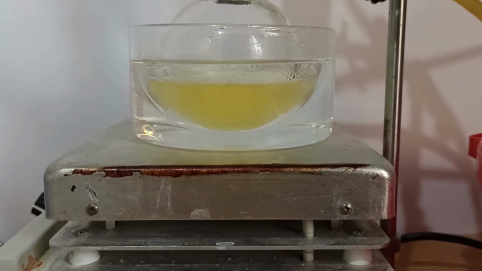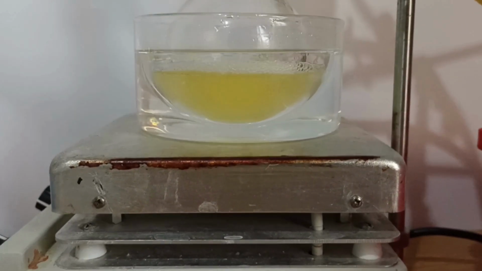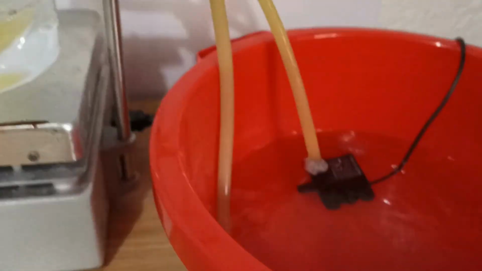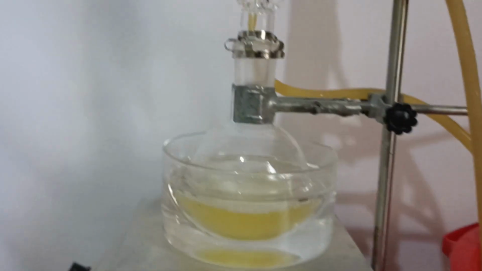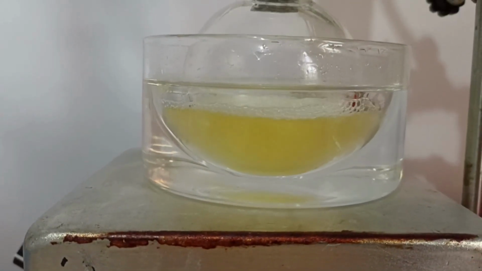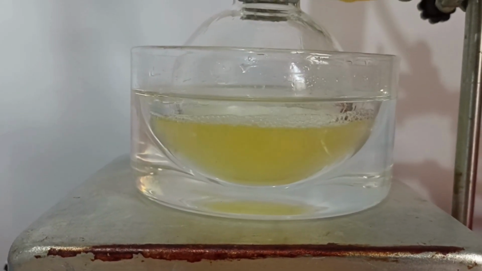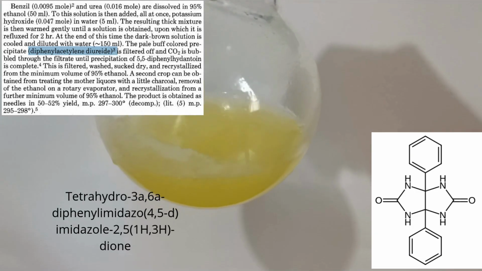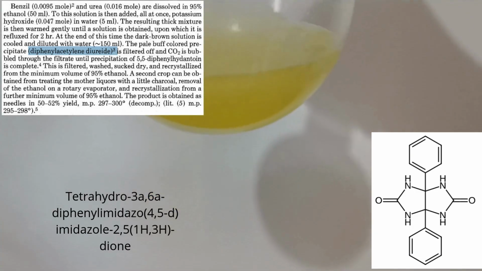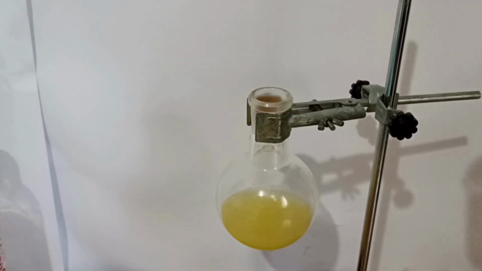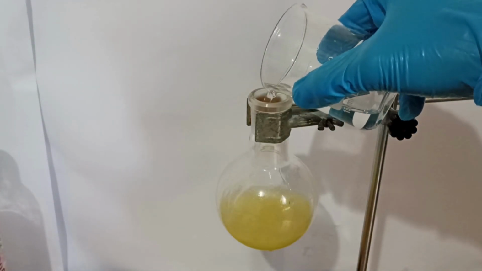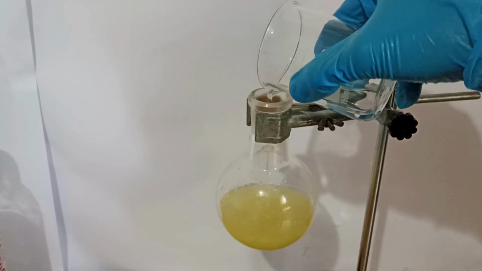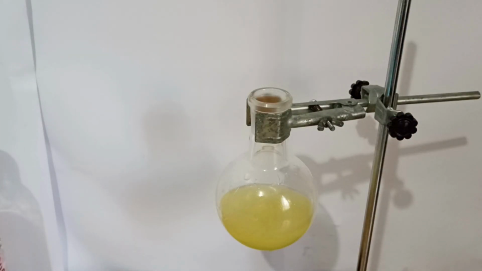After 40 minutes, the reaction got yellow again, and the reflux was kept for 2 hours. The reaction was cooled to room temperature, and this precipitate is allegedly diphenylacetylene diureide. Then, 30 milliliters of distilled water was added into the reaction mixture.